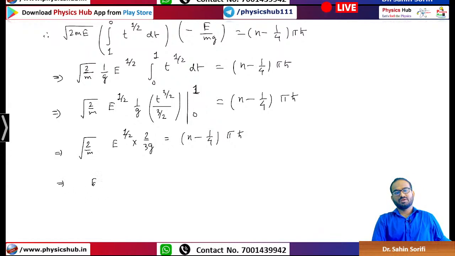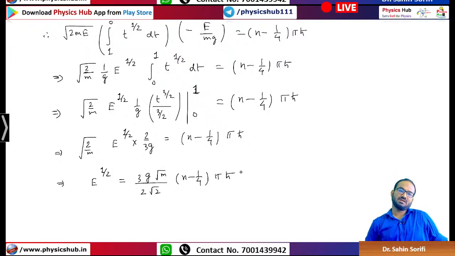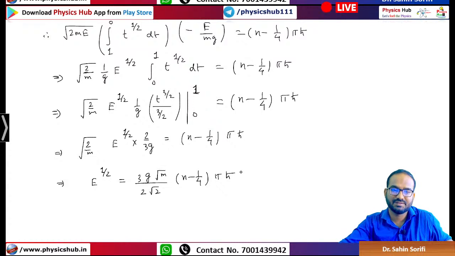So E to the power half is equal to 3g by the root over m by 2 root 2, (n minus 1/4) pi h cut. Just check whether I have written everything or not. Have I left anything?